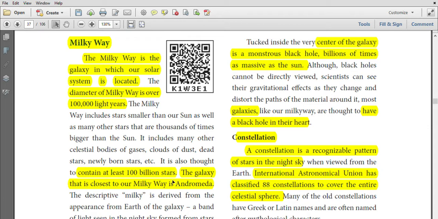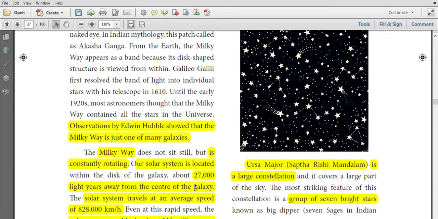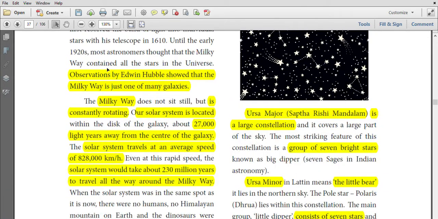The galaxy closest to our Milky Way is Andromeda. Edwin Hubble observed that, like the Milky Way, many galaxies are present in the universe.